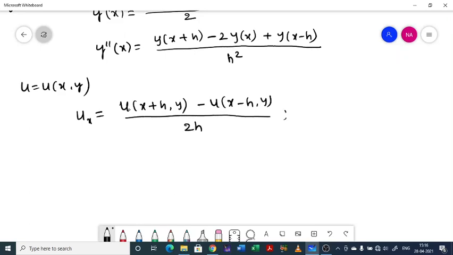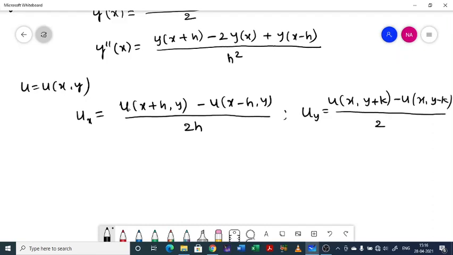Similarly, uy can be approximated as u of x comma y plus k minus u of x comma y minus k divided by 2k. That is the approximation of first order derivatives.